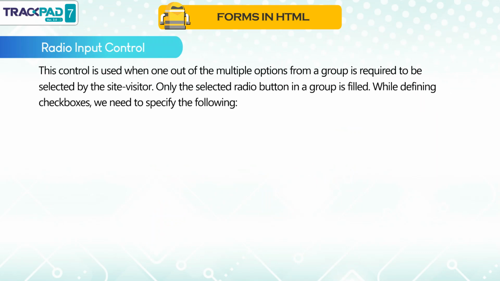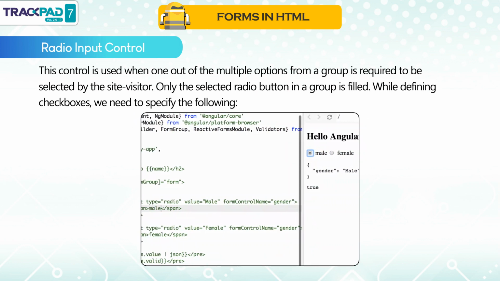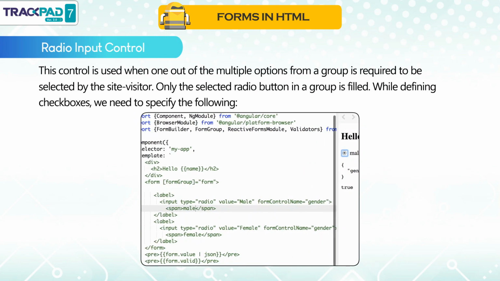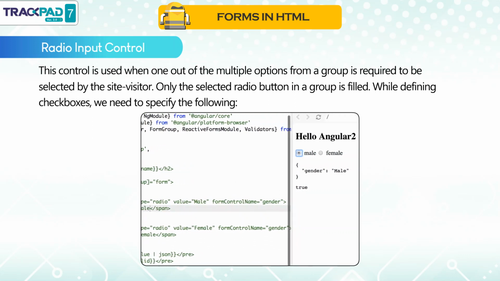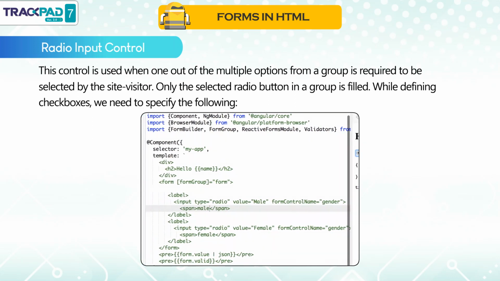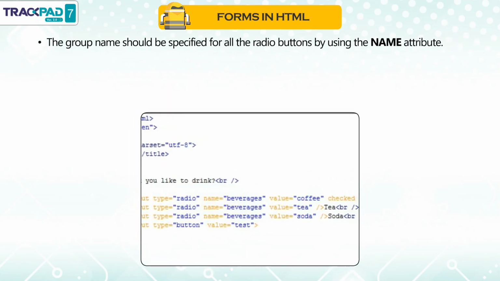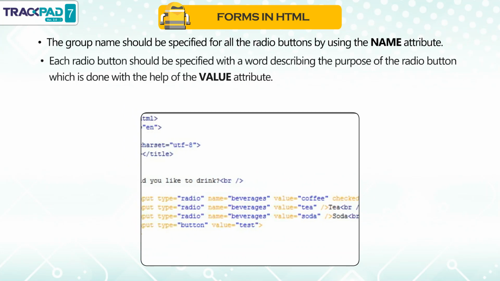Radio input control. This control is used when one out of the multiple options from a group is required to be selected by the site visitor. Only the selected radio button in a group is filled. When defining radio buttons, we need to specify the following. The group name should be specified for all the radio buttons by using the name attribute.